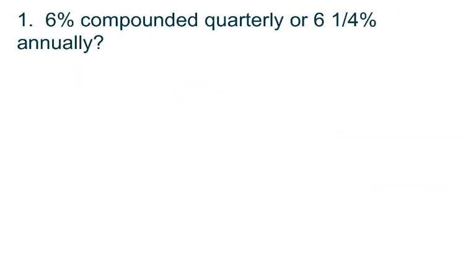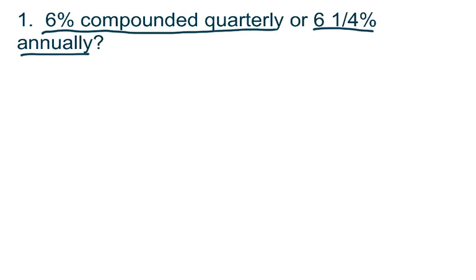Alright, so we want to know which of the two rates is going to yield the better return: the 6% compounded quarterly or 6.25% annually.